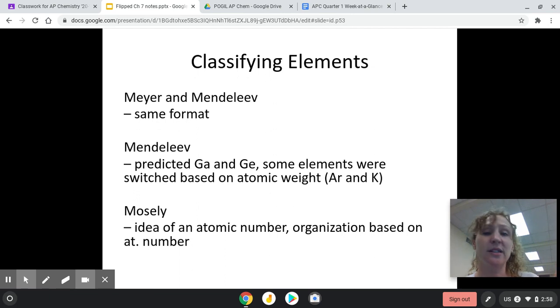And our current periodic table is organized off of atomic number, so protons. And when Moseley made this switch from organizing by atomic weight to organizing by atomic number, he actually fixed some of the mistakes, and all of these patterns just kind of fell into place.